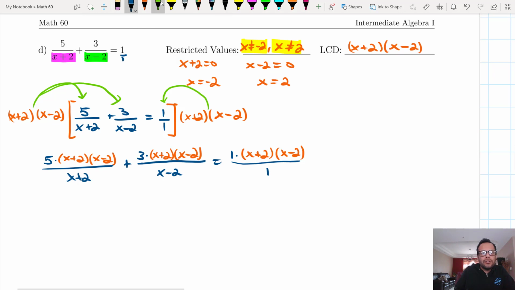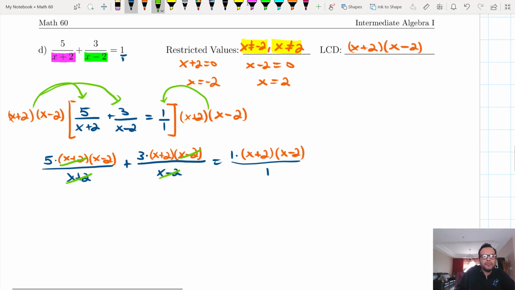At this point, we're good to go and divide out common factors. Notice on the first term of the left hand side, x plus 2 goes away with x plus 2. On the second term, x minus 2 with x minus 2. And then x plus 2 times x minus 2 on the right. Notice nothing cancels other than the 1s, but multiplying by 1 and dividing by 1 afterwards is the same as just keeping the same quantity.